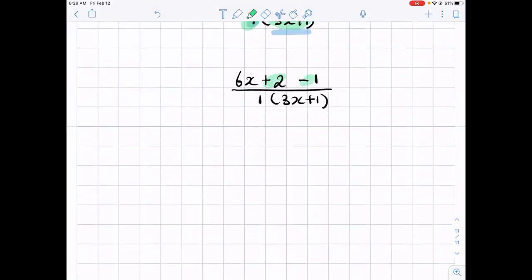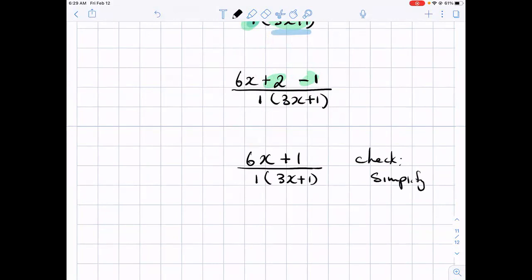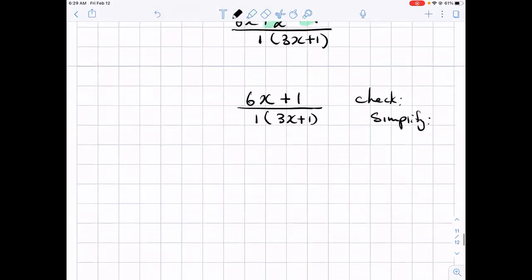Combining like terms, we have 6x plus 1 over 1 times 3x plus 1. And then don't forget to check for simplification. We cannot factor anything from 6x plus 1. Okay? We can't factor that.